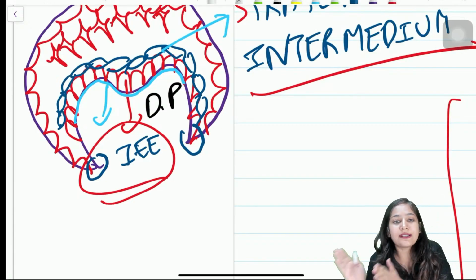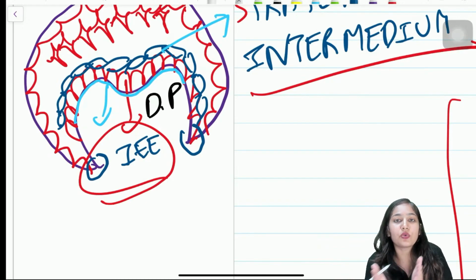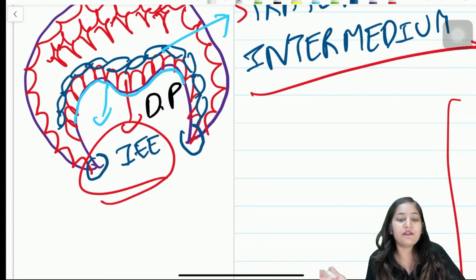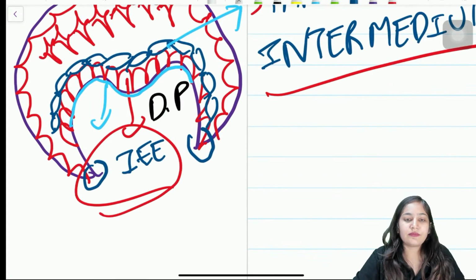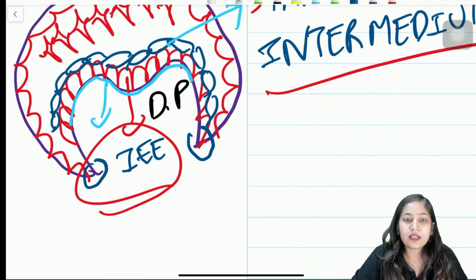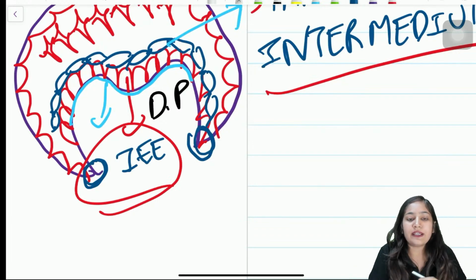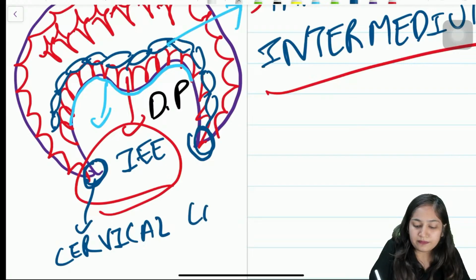As it is advancing towards the formation of the tooth, towards the formation of the crown, towards the formation of the root, different layers are having their different functions. So, coming to the cervical portion of the enamel organ. Here you can see the end point of the enamel organ. This is our cervical loop.